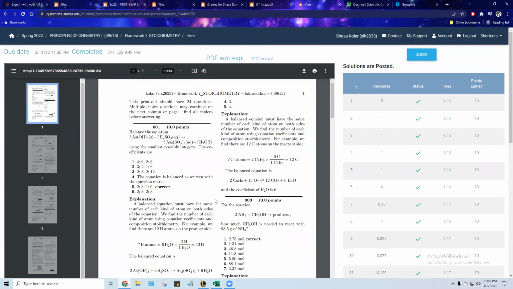So we're going to start by reading through it and getting the useful information from it. First, it says balance the equation. What this means is that we need to find out what numbers we put in front of these chemicals in order to make it so there's a balanced number of elements on each side of the equation.